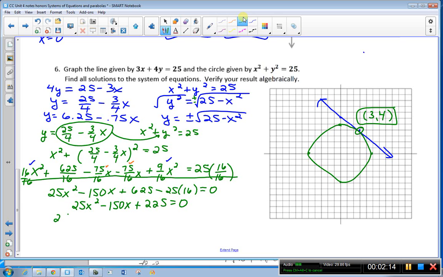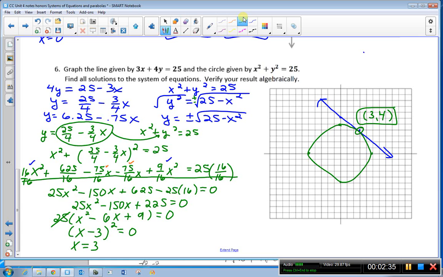If we factor out a 25, we get x squared minus 6x plus 9. Factor that, x minus 3 quantity squared equals 0. The 25 would have just divided out. So we get x is equal to 3.